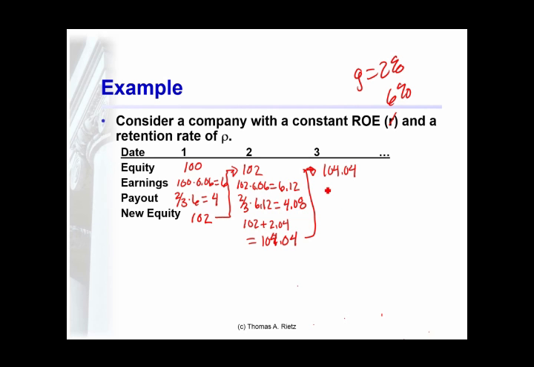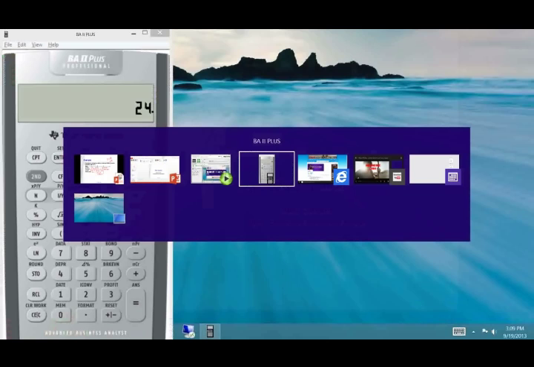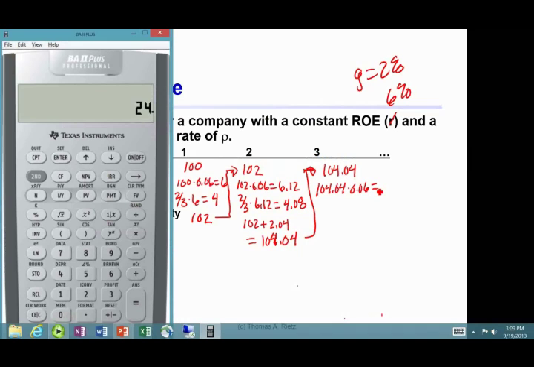6% of that is equal to my earnings. I'm going to have to use my calculator at this point. So 104.04 times 6% is 6.2424.